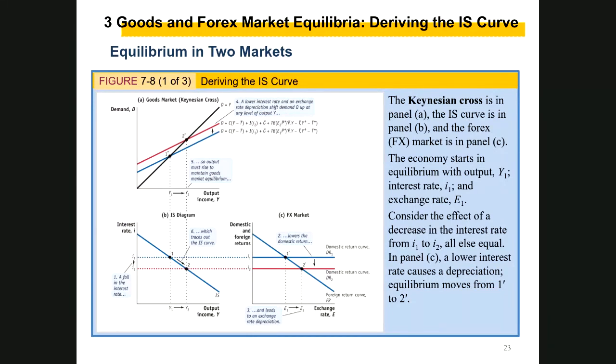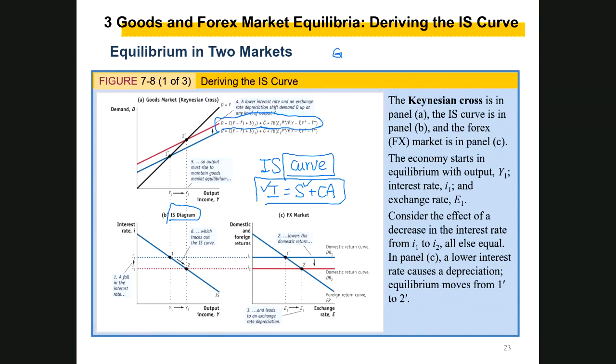Okay, so let's take a look at the IS curve. So this is the IS curve. The IS curve is actually derived from I equal to S plus CA. This formula, right? So if I have a demand like this, based on all the national accounting I have, like GNE plus TB is equal to Y, right?